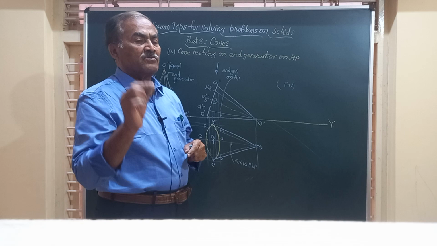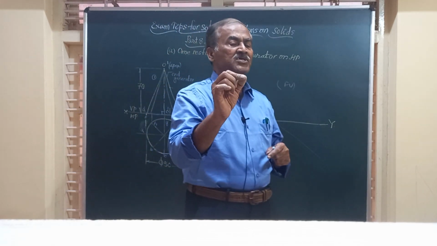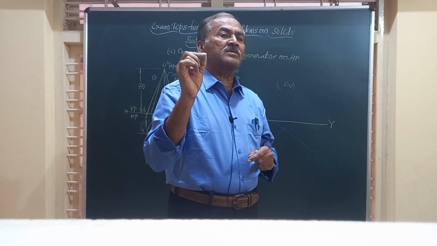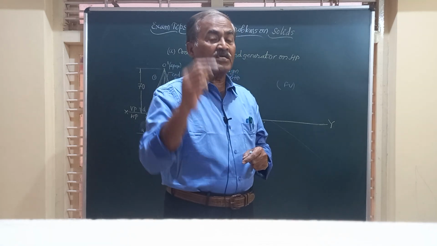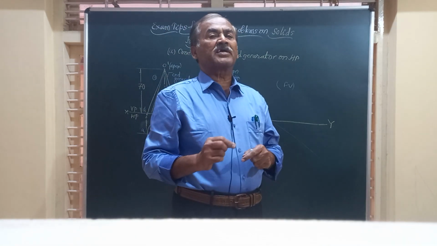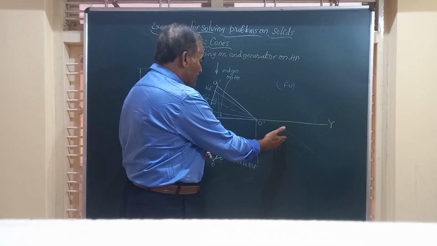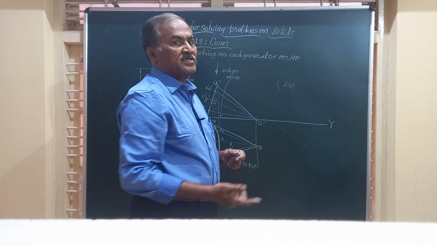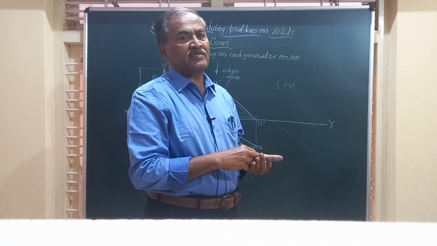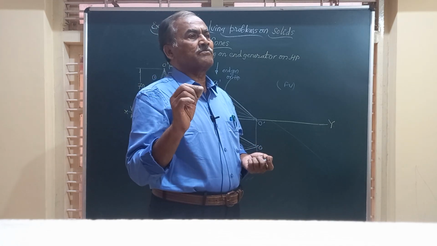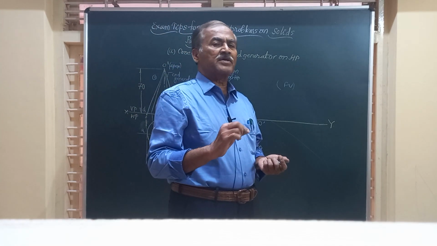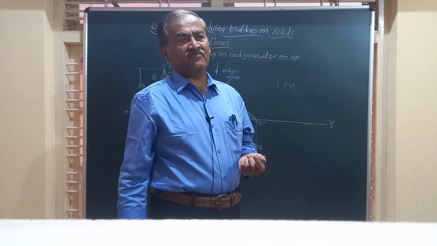In such a case, whenever there is a reduction in the length of the axis in the top view, you have to take the locus of that apex, obtain this top view, and obtain the front view. So this is an important part and is applicable to all solids, friends.